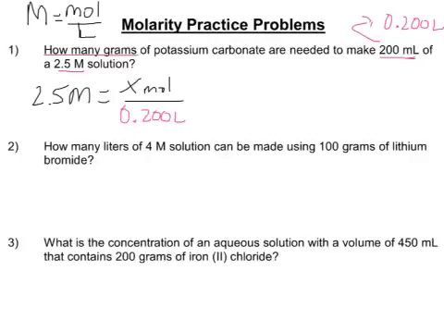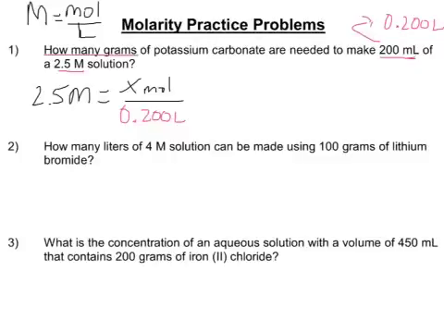Now what this will allow me to do is to calculate the number of moles, right? So using your calculator, you multiply the 0.2 by 2.5, which is what I'm going to do right now. So 0.2 times 2.5 equals 0.5. Sorry, let me erase that.